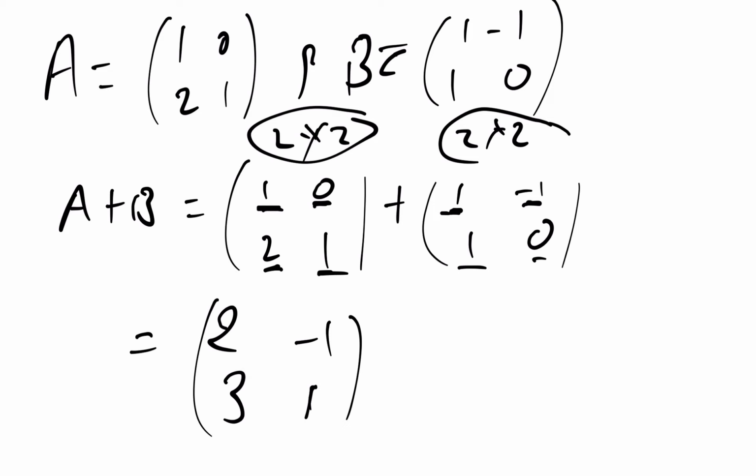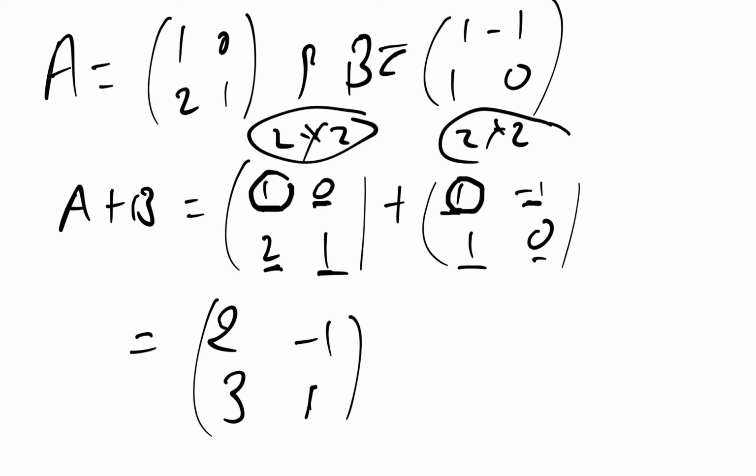Here you realize that what we did was just basic addition. The key point here is that when you add matrices, we add elements with corresponding positions. That's what you can note. For instance, we started with this one, so you said 1 plus this one, because those elements have the same position in their respective matrices.